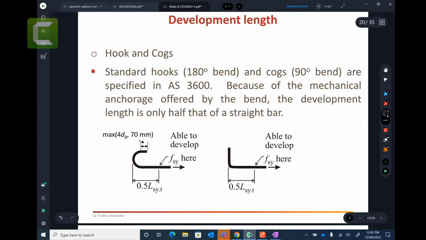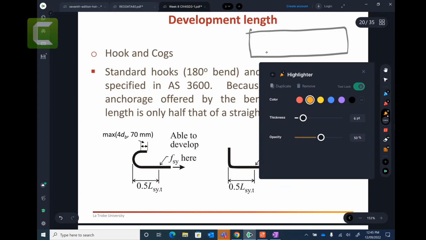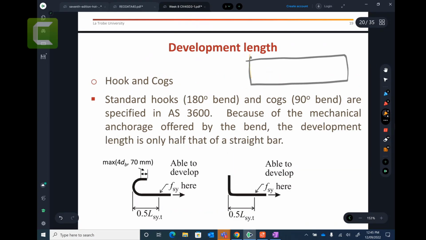Now sometimes, let's say you don't have enough room, as I mentioned before. Let's say you have this cantilever beam, and then you have this wall. Now we want to put the Rio.